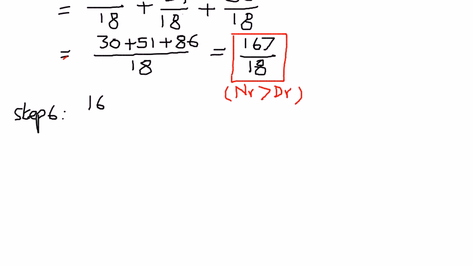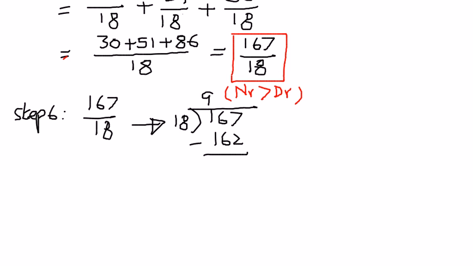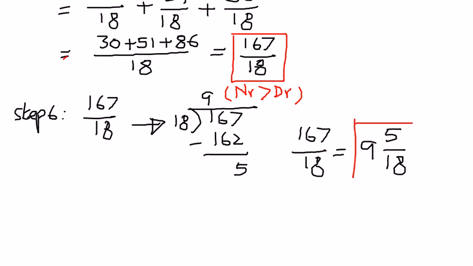So we have 167 divided by 18, and we're going to perform the long division. 18 times 9 is equal to 162. When we subtract 162 from 167, we're left with 5. Therefore, 167 divided by 18 is equal to 9 5/18.